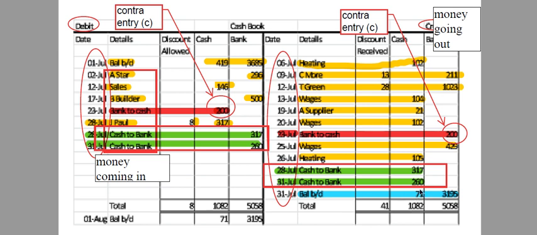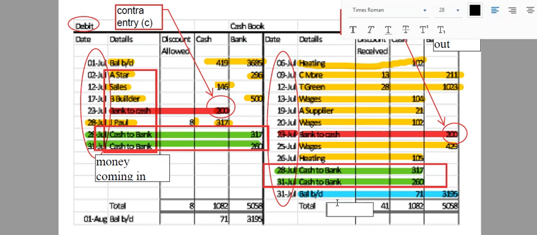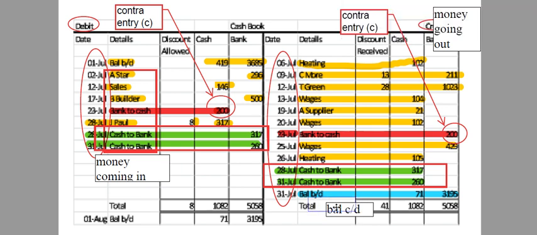So this $71 is your cash in hand at 31st July, and it is written as, there's a mistake here, balance BD. Can we just strike this and write here balance CD? This is not your balance BD, this is your balance CD.